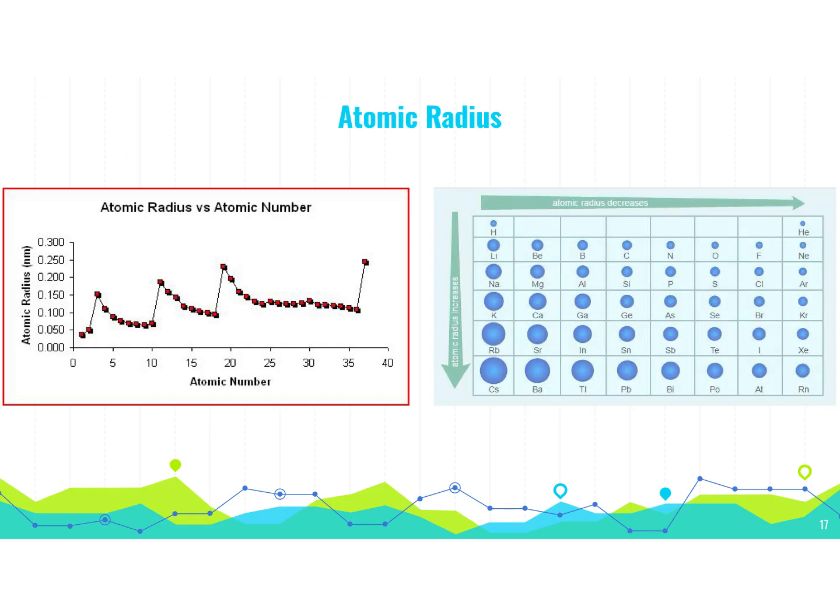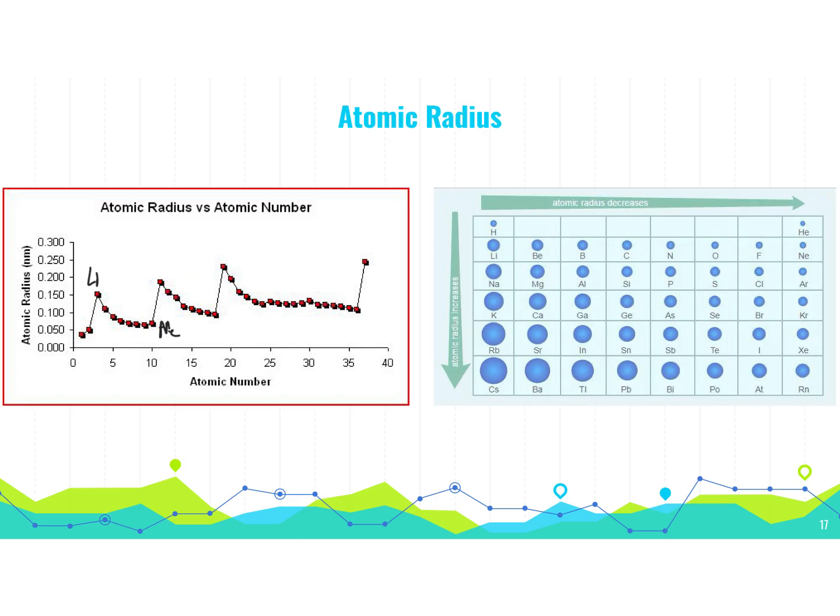So the first of the trends that I want to talk about is atomic radius. Here are two graphs depicting what atomic radius looks like and what those trends are. On the left, this graph says that as we increase in atomic number, we have these jumps in atomic radius. Right here is where we have lithium, this peak. It continues down, down, down until this final one, where we have neon.